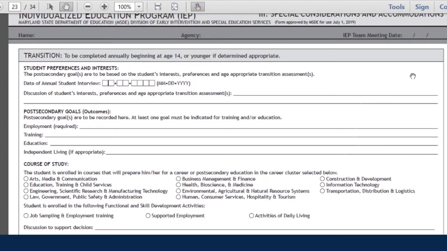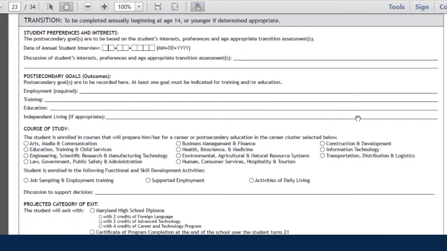Maybe they have a strong interest in medicine or science if they have special schools that they could consider. They need to decide if their child will be diploma tracked or certificate tracked. So these would all be important things to consider at the transition portion of the IEP meeting.